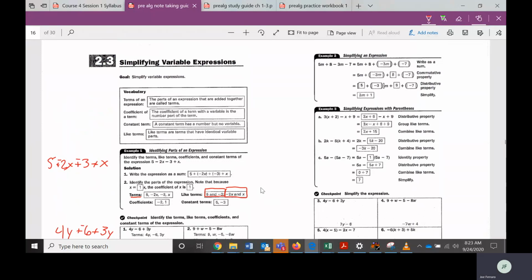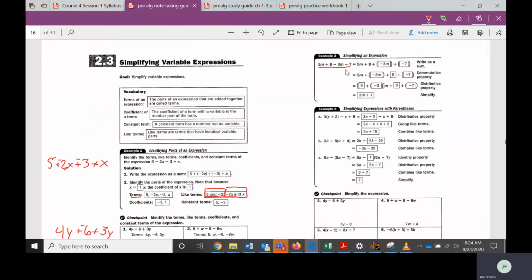All right, next one, simplifying an expression. So they start out with this expression here. It's 5m plus 8 minus 3m plus a negative 7.